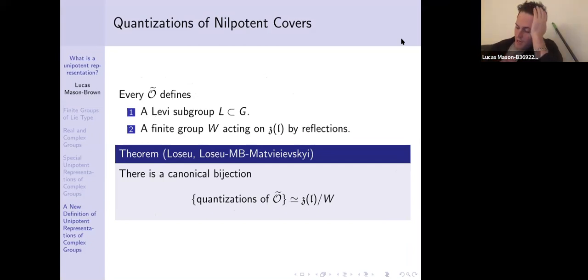To every nilpotent cover, there is a Levi subgroup L in G, and a finite Coxeter group W, which acts on the center of the Lie algebra of L by reflections.